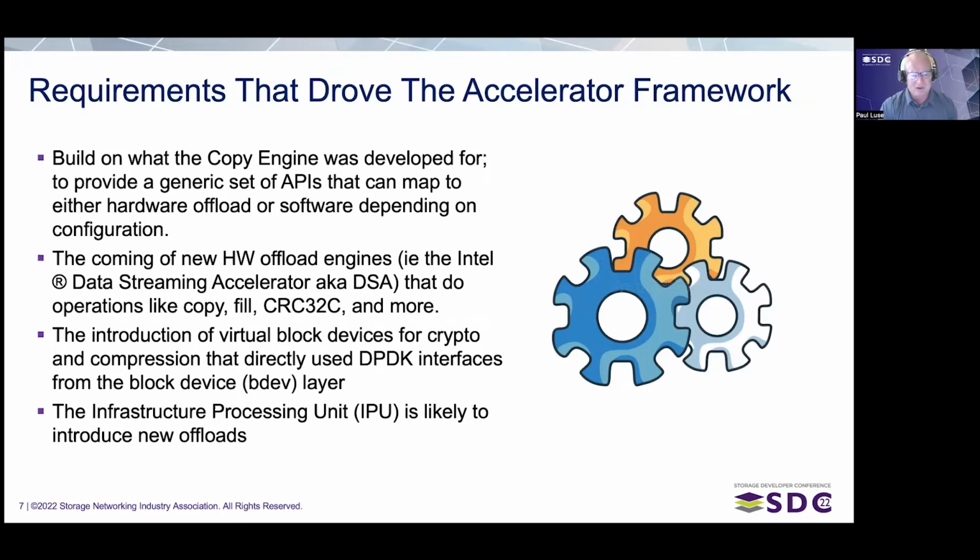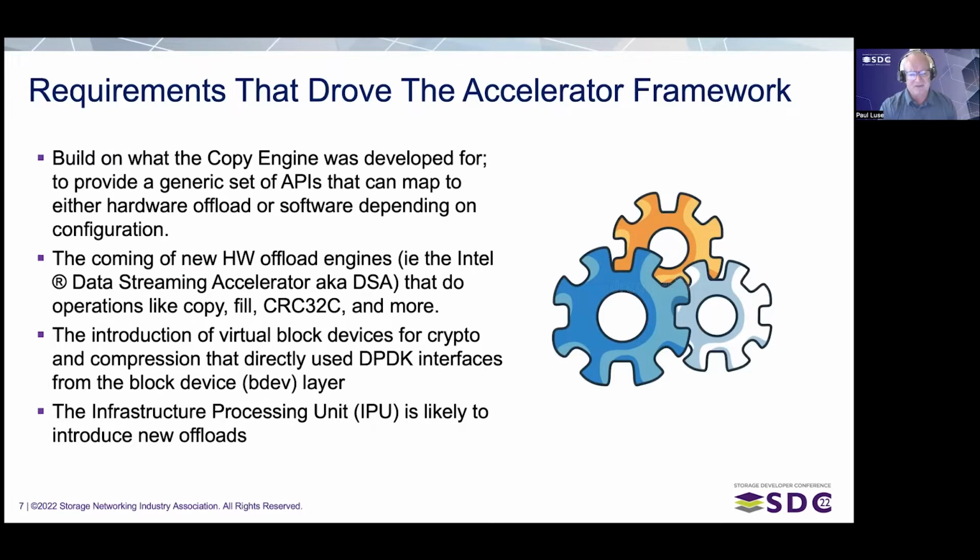So what you'll find if you go look at the virtual block device code for crypto, within that module, which is in the block device layer, you'll see in a picture on the next slide, we're actually hard coding API calls into DPDK. So that's where we get our crypto and our compression from, either the DPDK cryptodev API or the DPDK compressdev API. And that's worked fine, right?